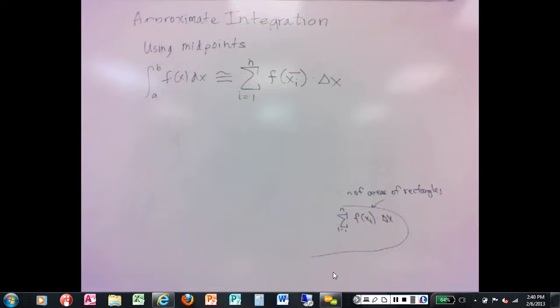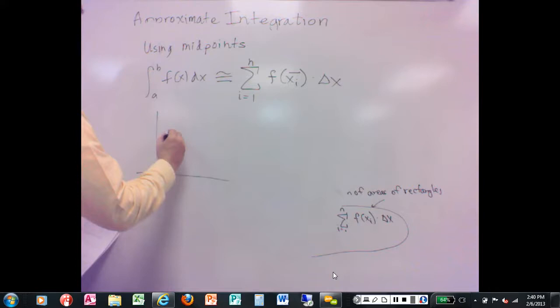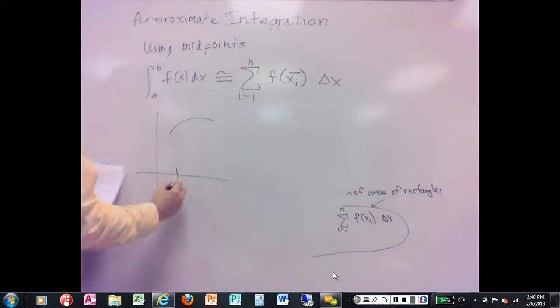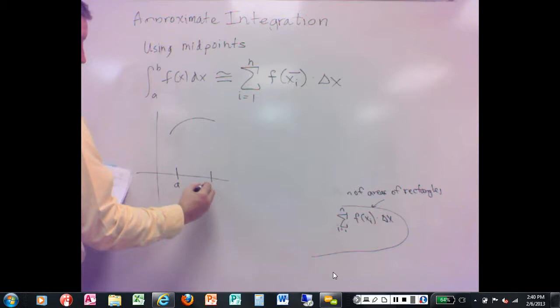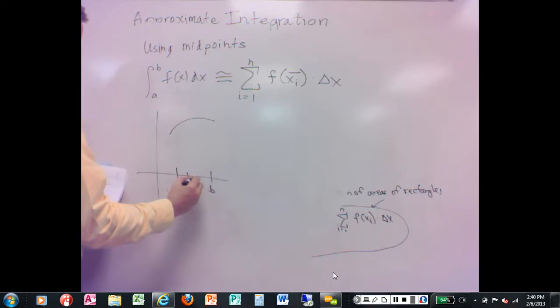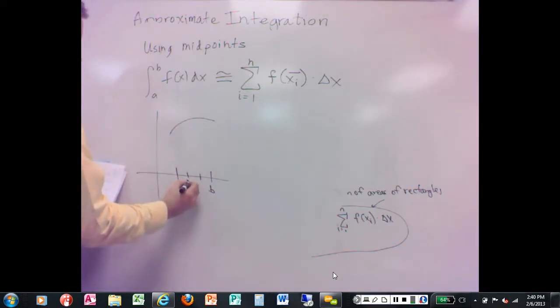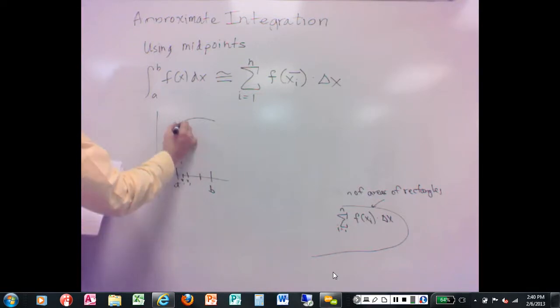So we covered those previously. And of course, out of the left endpoint, right endpoint, and midpoint, which one was usually more accurate? Remember? It's midpoint. Because if I go to x1 bar to do my height, that goes right here, well, I've got some give and take there.